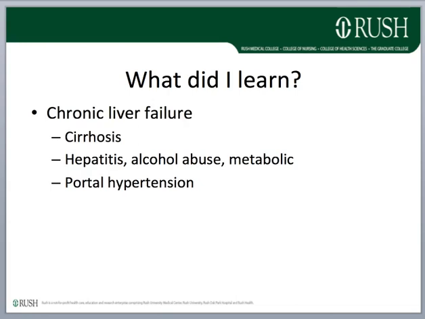We compared and contrasted this with chronic liver failure, which is typically associated with cirrhosis. This is commonly due to a variety of forms of hepatitis, as well as alcohol abuse and other metabolic causes. And the most important complication of chronic liver failure is portal hypertension.